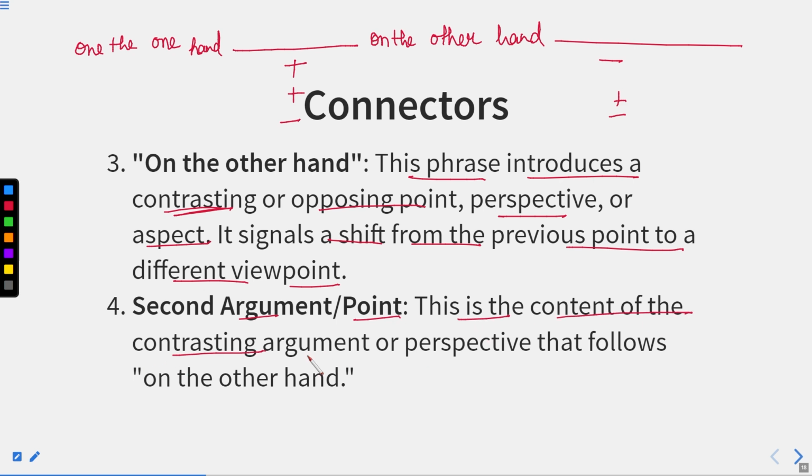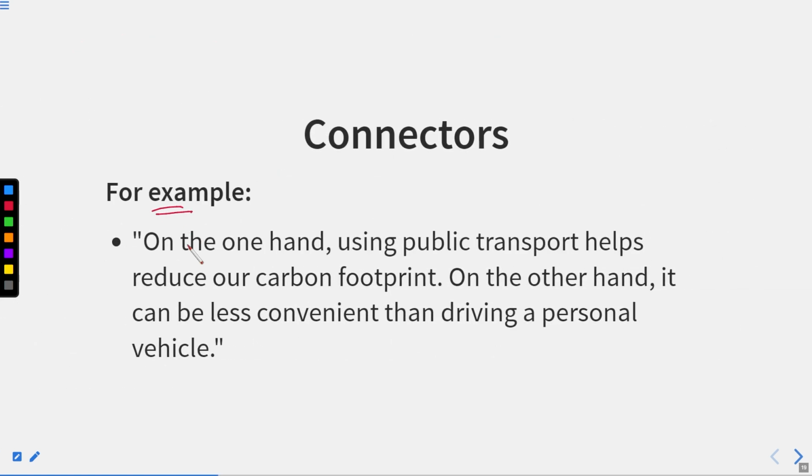Second argument or point: this is the content of the contrasting argument or perspective that follows "on the other hand." Now, whatever is written over here should contrast, or you can say cancel, the first viewpoint. It should not be considering or obeying the previous point, so whatever is written here should be different from what was mentioned in the previous point. For example, on the one hand, using public transport helps reduce our carbon footprint.